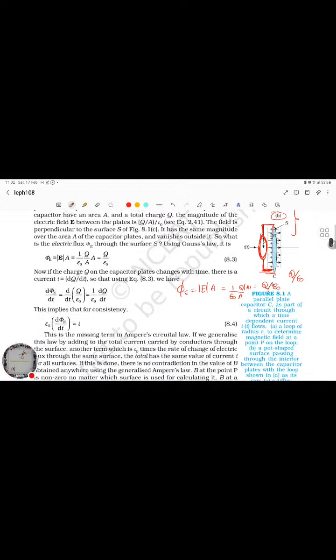So the net flux that is passing through is the net charge enclosed divided by epsilon naught. So இதுதான் வந்து Gauss's lawலேருந்து நமக்கு வருது. So if the charge Q on the capacitor plates changes with time, there is a current I is equal to dq by dt.